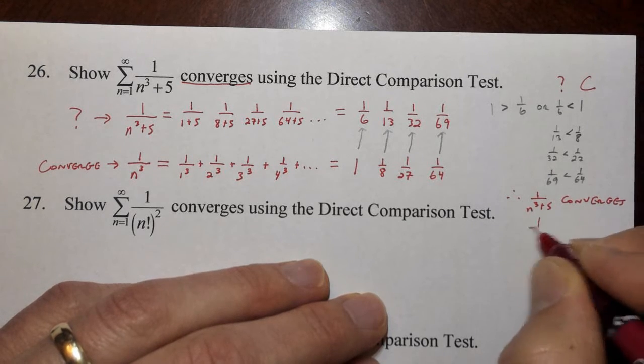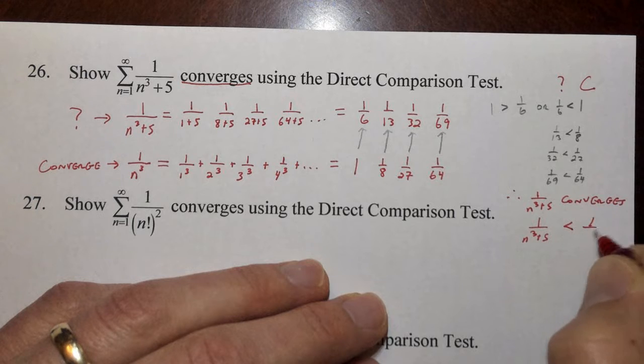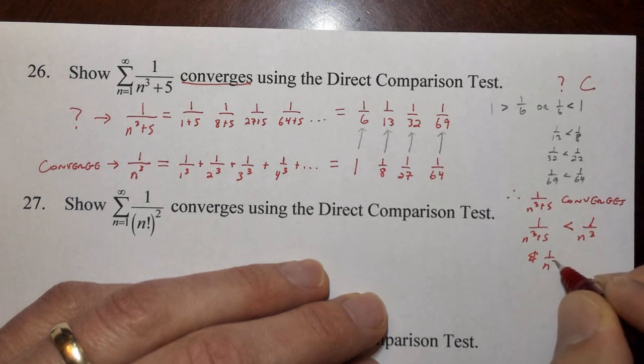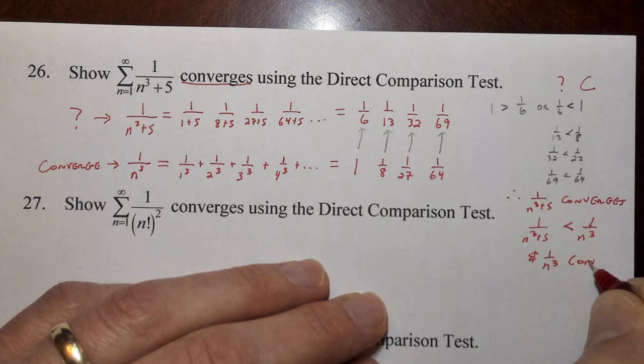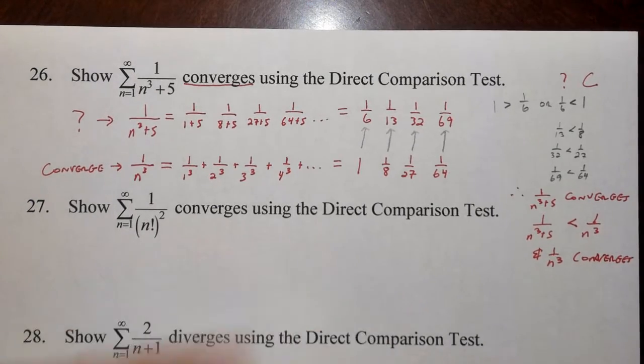Why? Because 1 over n cubed plus 5 is going to have terms which are less than 1 over n cubed, and 1 over n cubed converges. That's the general idea behind this.